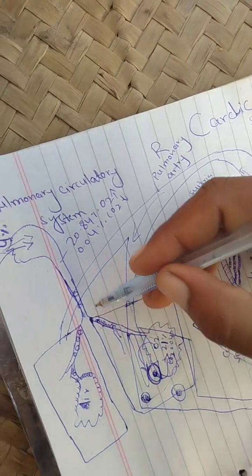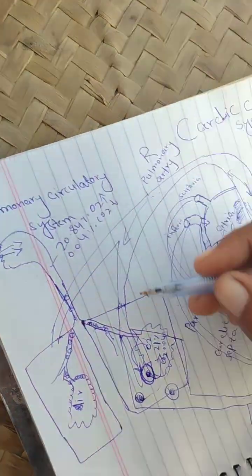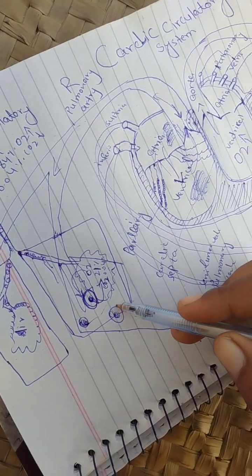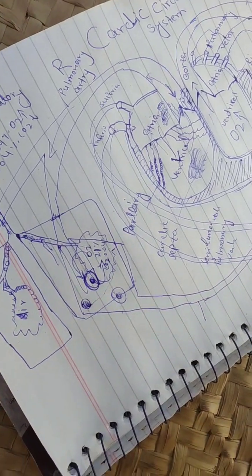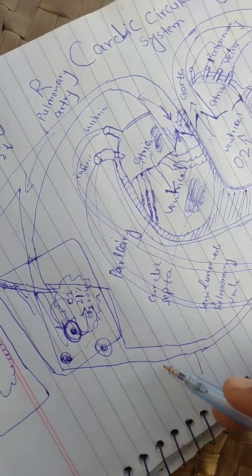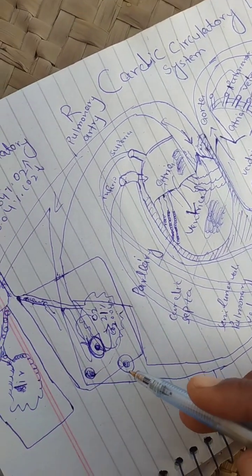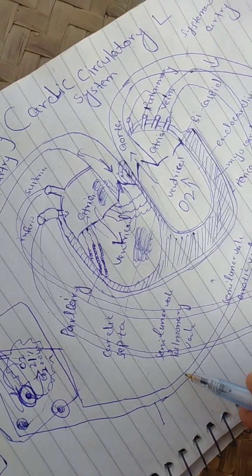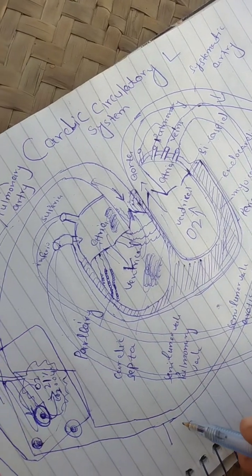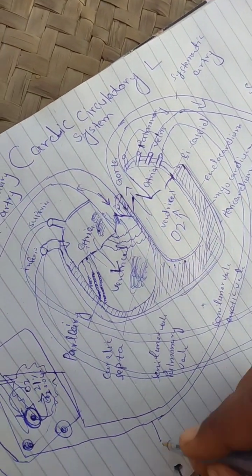Carbon dioxide moves out through the nasal cavity and mouth, and oxygen enters the red blood cells. Now the vein carries this oxygenated blood through the pulmonary veins.